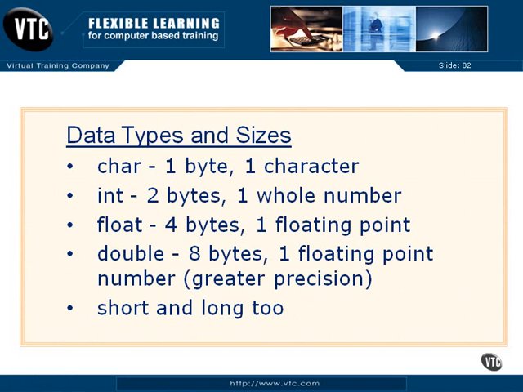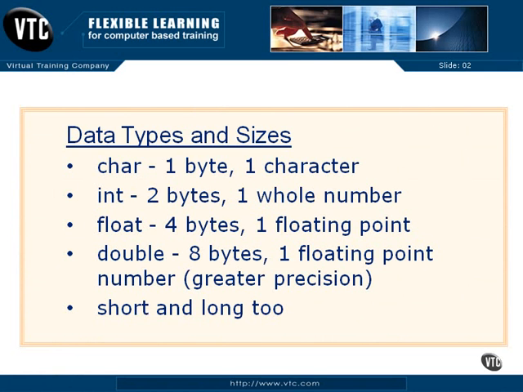We're going to talk now about C language data types and sizes of those data types. C doesn't have really that many data types. They're pretty simple. There's a character, which generally is 1 byte long, and it is designed to contain one printable character. There's an integer, which usually is 2 bytes long, and that holds one whole number with no remainder.